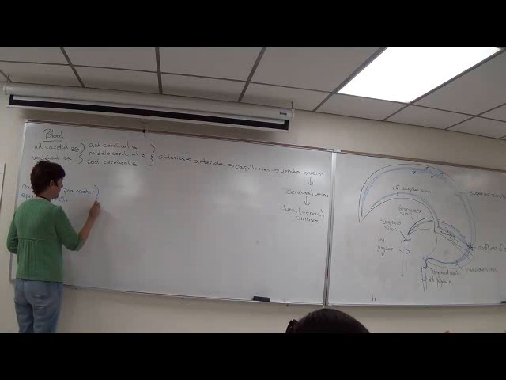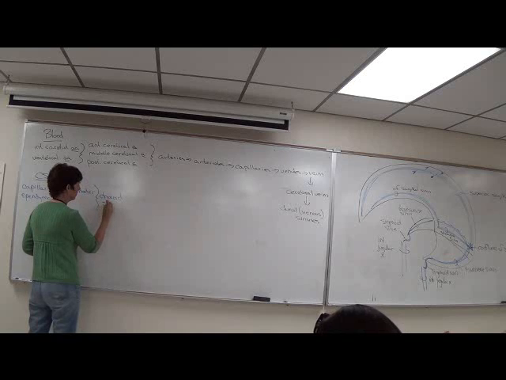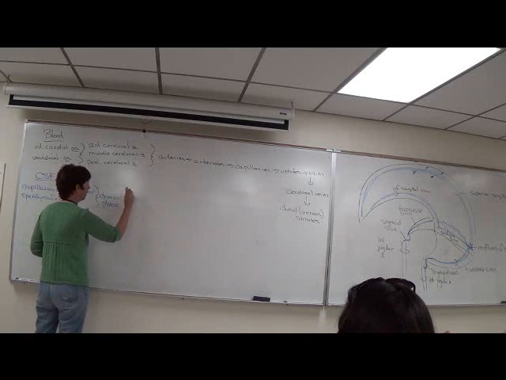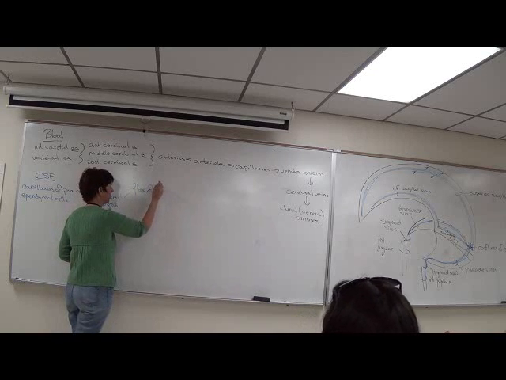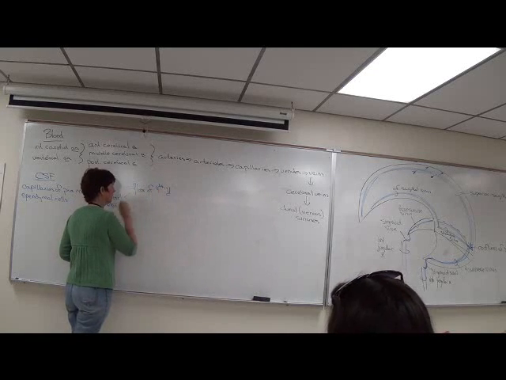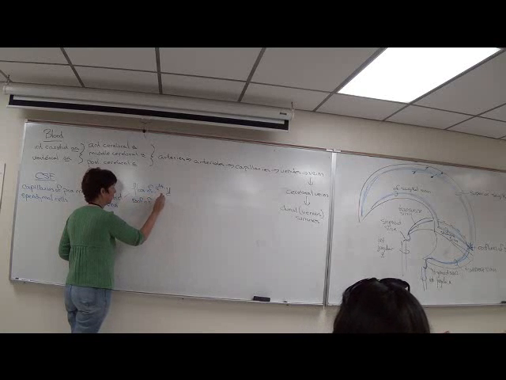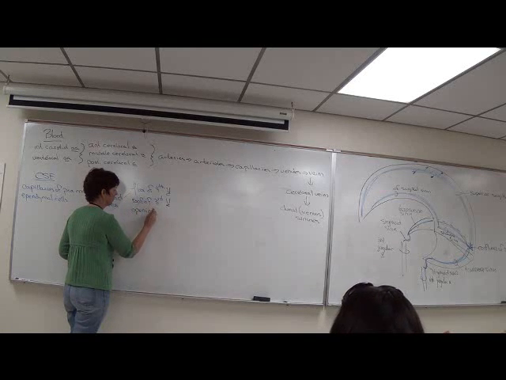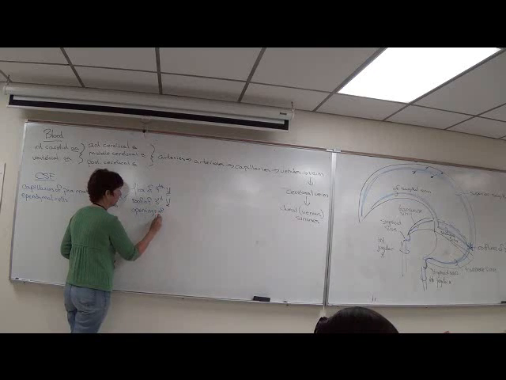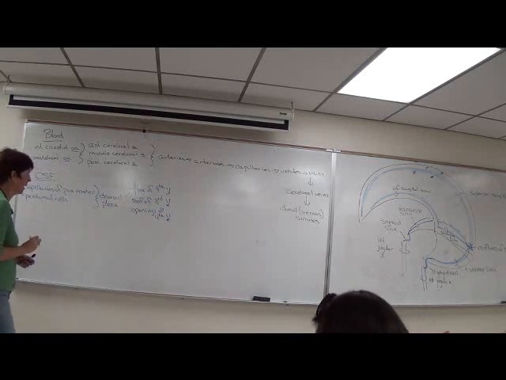And this forms the choroid plexus. The choroid plexus is found in the floor of the fourth ventricle, the roof of the third ventricle, and the openings of the fourth ventricle. Okay.